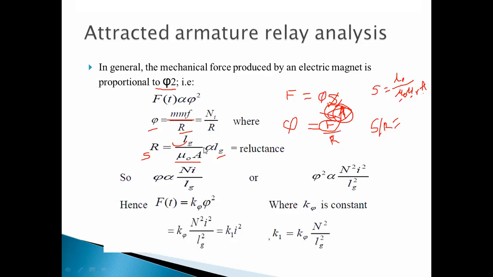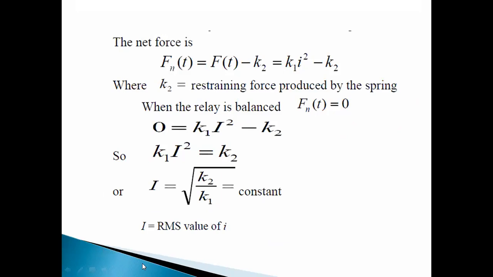Then you can write another equation for the reluctance, that is L divided by mu 0 into A. This is for the air gap we are considering, and it is proportional to Lg. You can equate these equations and you will get the equation for the force.